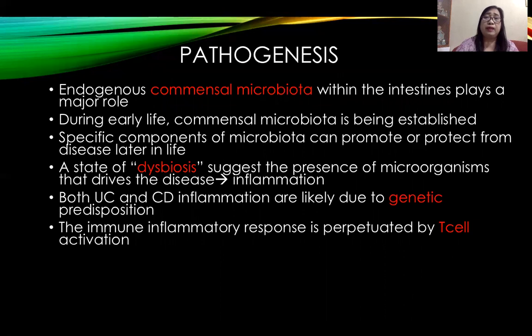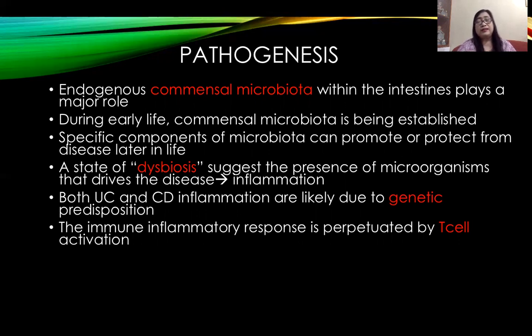Endogenous commensal microbiota within the intestine plays a major role. So during early life, your commensal microbiota is being established. Specific components of this microbiota can promote or protect from disease later in life.